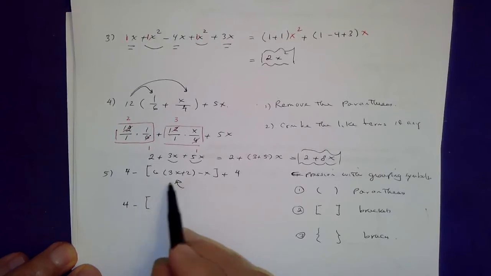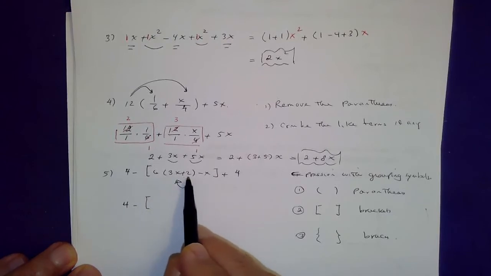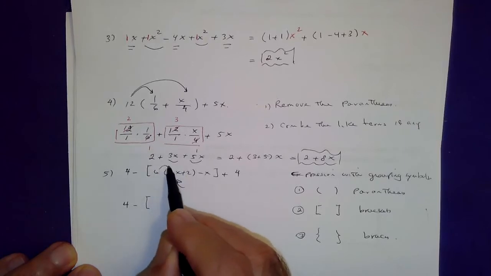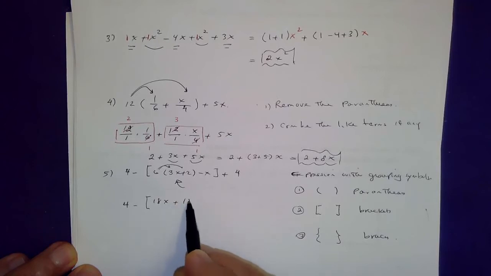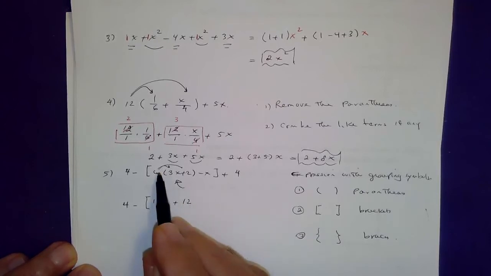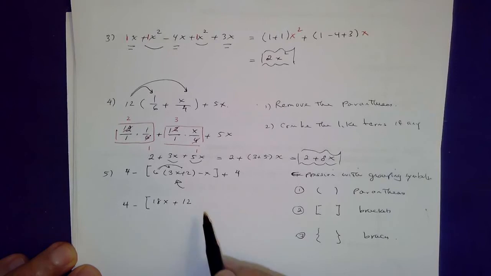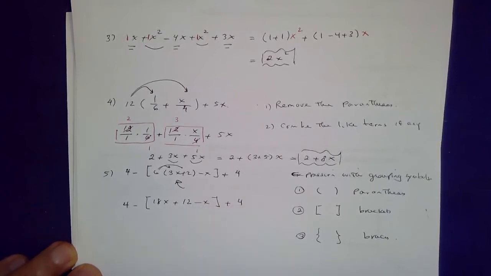Okay, there is nothing to combine inside the parentheses, but I can distribute the 6. So that would be like 18x plus 12. So multiply the 6 by what's inside the parentheses. Don't forget the negative x. Okay, now that you removed the parentheses, see if you can simplify what's inside the brackets.